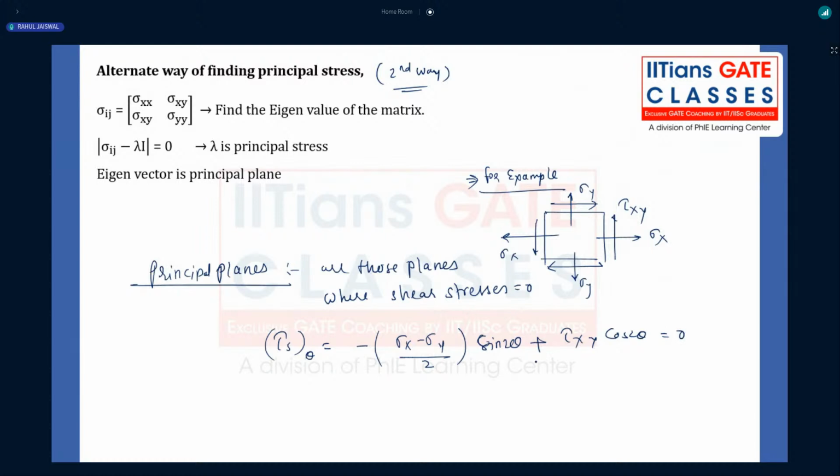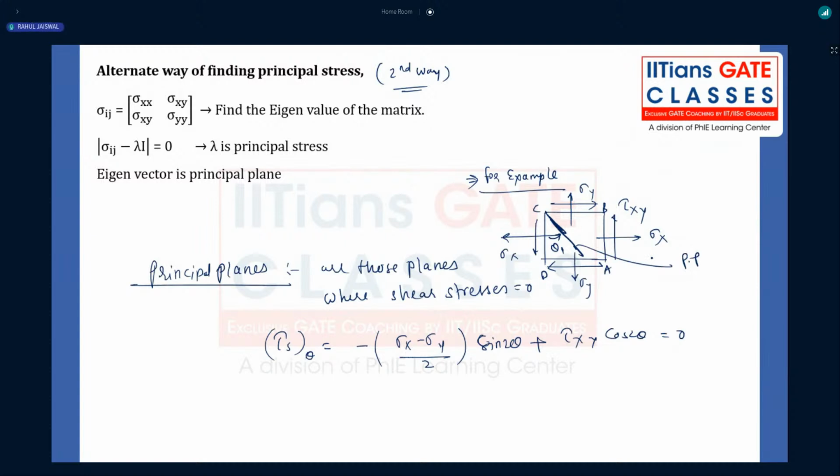That has to be equated to 0 because we need to find the theta value where exactly this tau theta is 0, and that plane will become my principal plane. Right now, AB, BC, CD, and DA, all four planes are not principal planes. We have to find the planes inclined at an angle theta 1. That will be the principal plane.